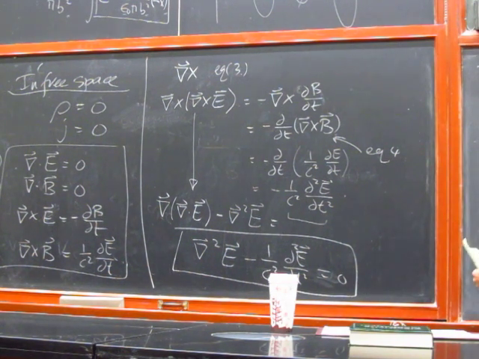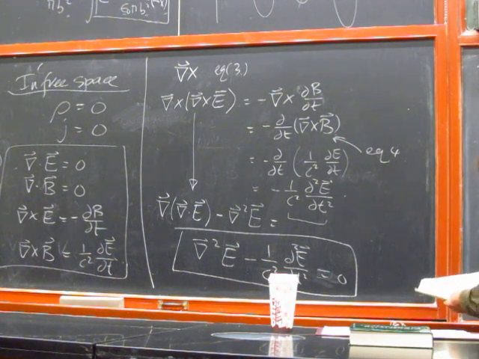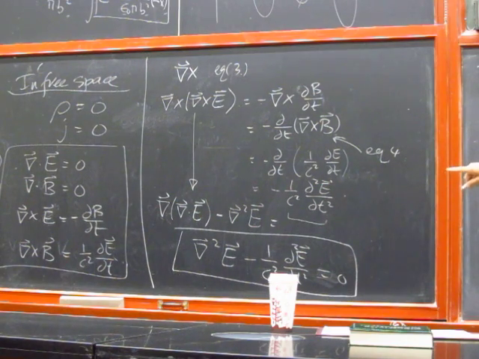Same thing here. You can do this exercise at home, taking the curl of equation 4. You get the curl of B now, and that has to be equal to, no minus in this case. This is 1 over c squared.